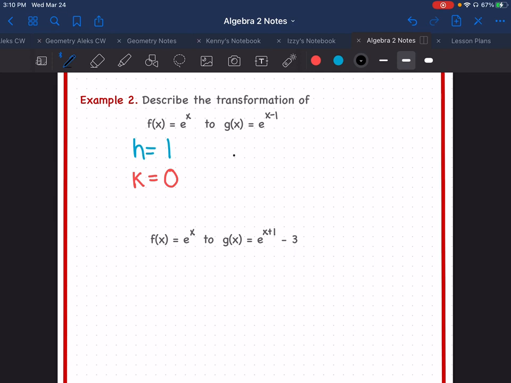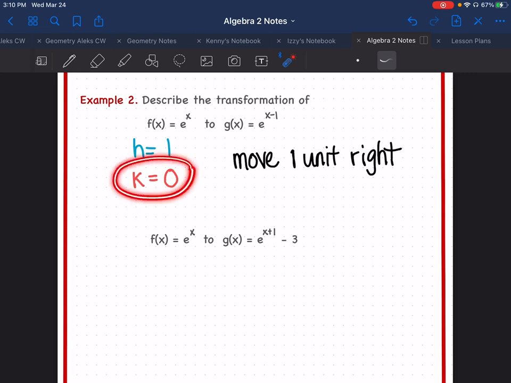Well, it's going to move 1 unit right. Is it going to move up and down? No, it's not going to move up and down. So you don't even have to mention it. You don't have to say and 0 units up or down. You would just grab it and move it 1 to the right.